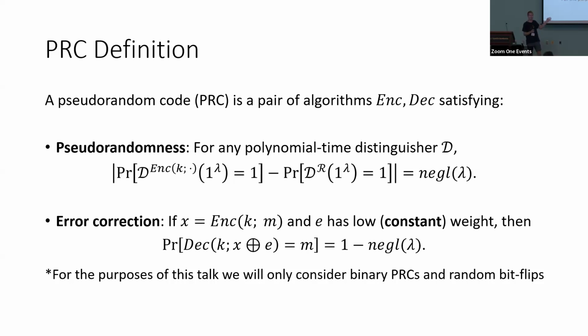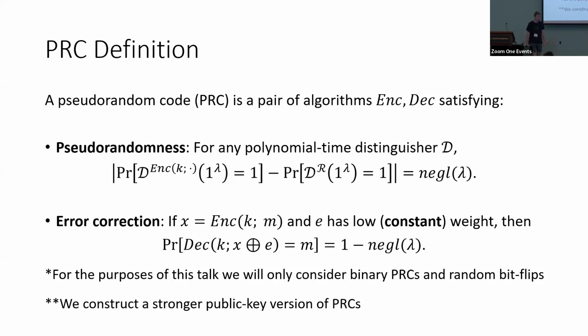So binary PRCs is out of necessity for the applications, and random bit flips is out of simplicity, and also the construction we get for non-random bit flips is a bit subtle. Also, as we'll see in a moment, we actually construct a stronger public key version of PRCs, where you can make the encoding algorithm public, and you still have pseudo-randomness.